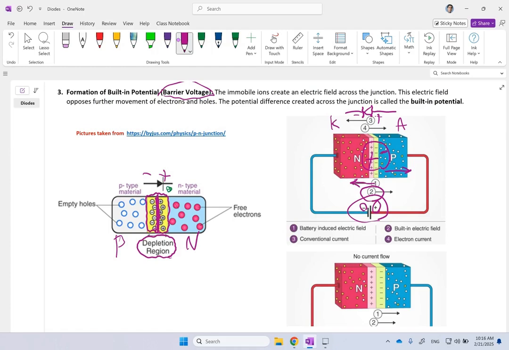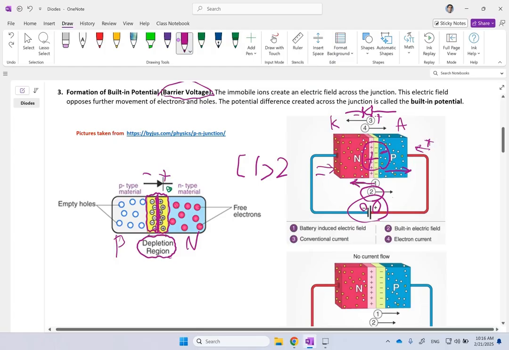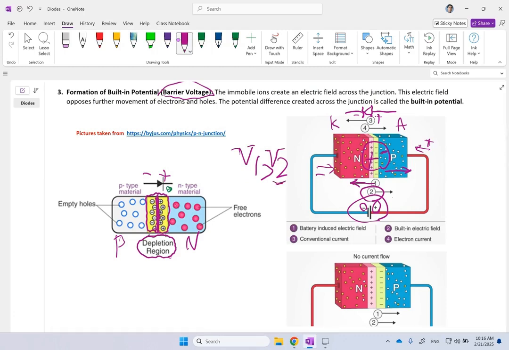When field 1 becomes strong enough to overcome field 2, that is when the positive charge can flow in this direction, or you can say the negative charge flows in this direction. This is when field 1 is bigger than field 2, or voltage 1 is bigger than voltage 2. Now, how much is voltage 1 or voltage 2? Voltage 1 has to be bigger than 2, and 2 depends on the type of material you use for making the diode.